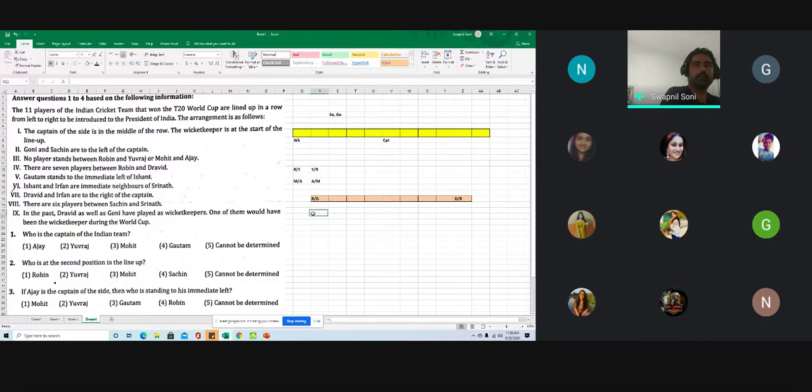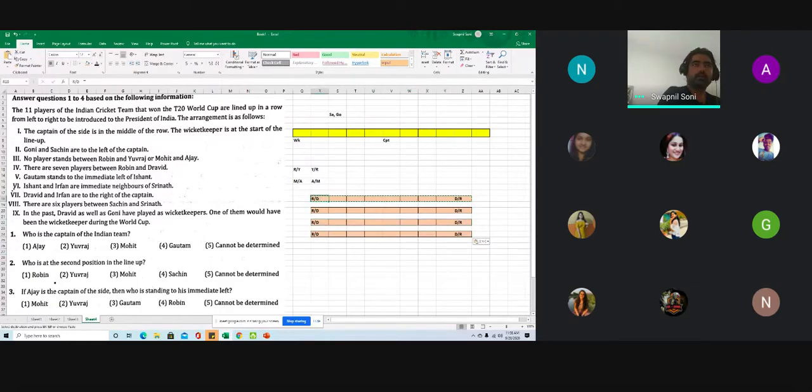So we can have a case where Robin, Yuvraj, Dravid, or Robin, Yuvraj, Dravid in the other arrangement, and Robin here, Yuvraj here, and Dravid.